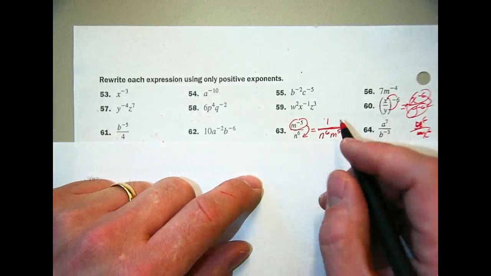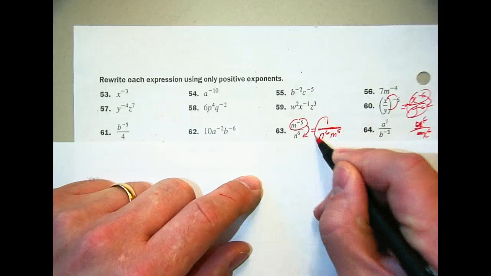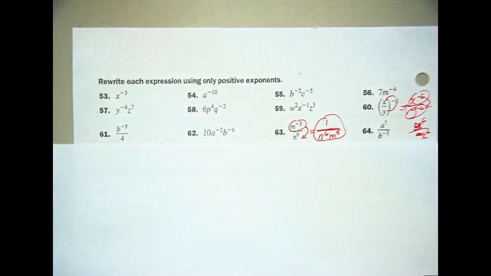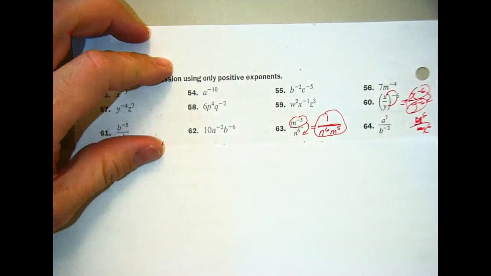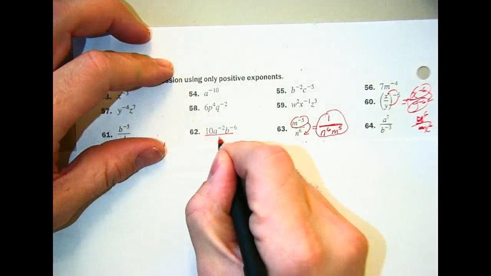How many got it? Okay, we're going to do one more that I think students mess up on, number 62. Give that one a shot. Okay, show your neighbor. All right, making it into a fraction, what moves down?